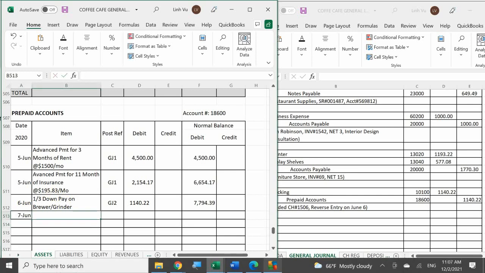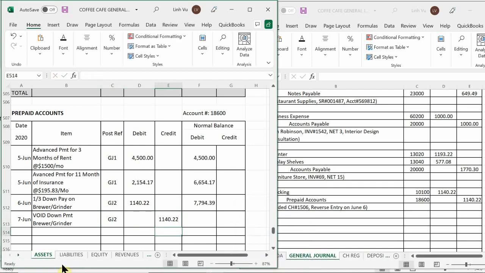You're going to say void down payment on brewer/grinder, which is going to revert that 1140.22.